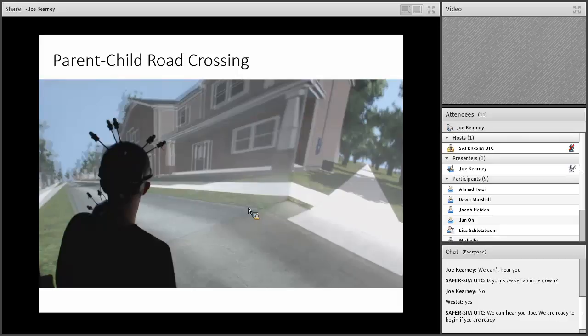We have both video and audio of their conversations, and we're in the process of coding those conversations as well as the kinds of behaviors that parents showed with the kids, because sometimes they would do things like hold an arm out to keep a child from crossing, or hold hands with the child when crossing, especially with the younger kids. And so we're interested in these behaviors that kids and their parents exhibit and how parents are perhaps teaching kids about safe road crossing.